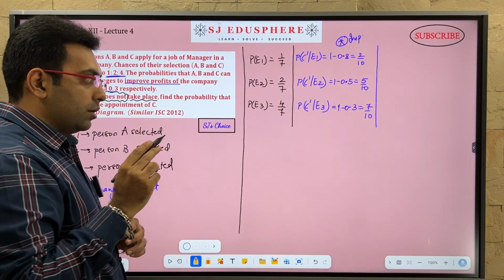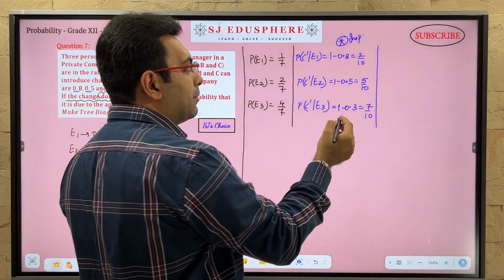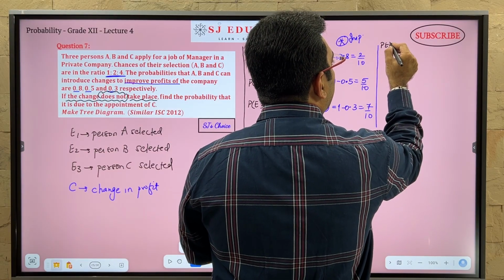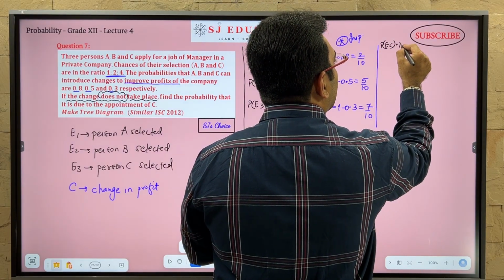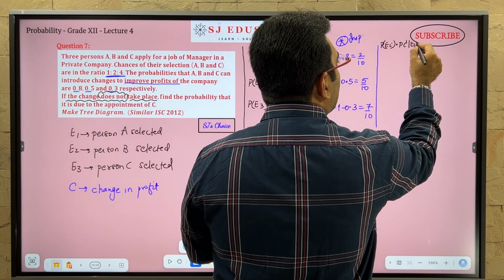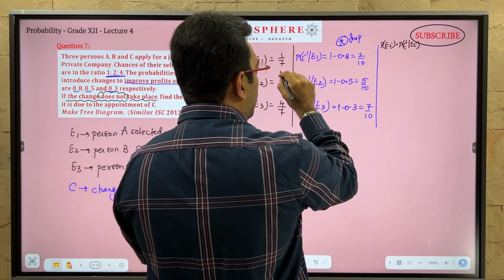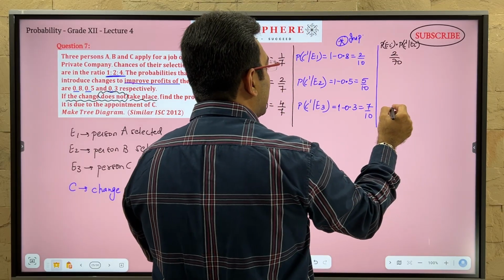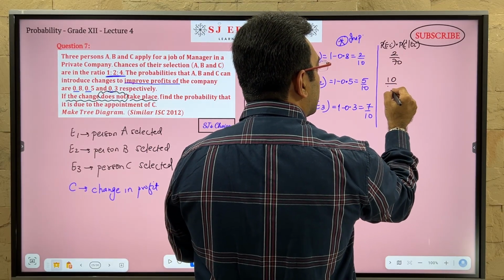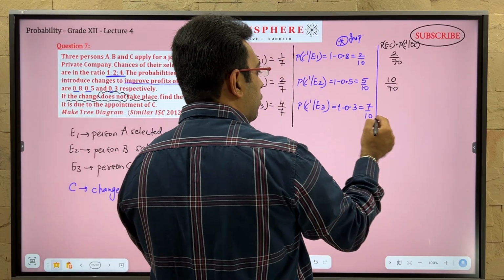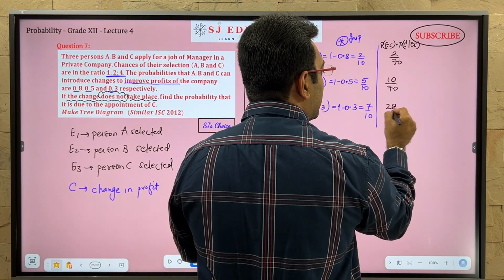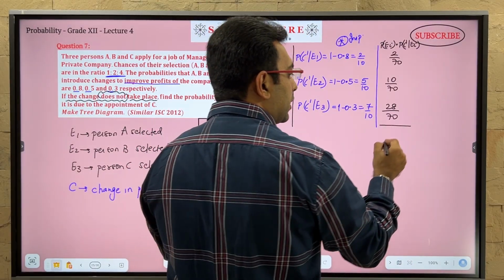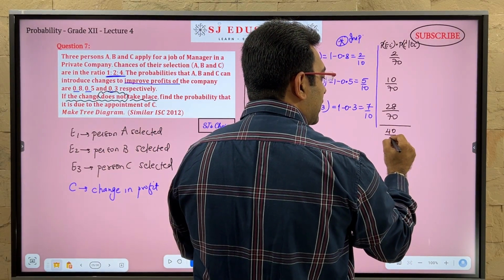Now, over here, I end up multiplying these values. That means I am multiplying probability of Ei into C complement given Ei, which will give me 2 by 70, 2 into 5, 10 by 70, 4 into 7, 28 by 70, which adds up to 40 by 70.